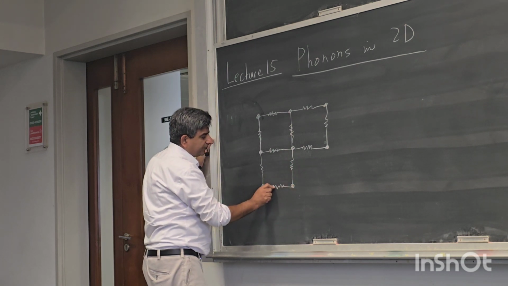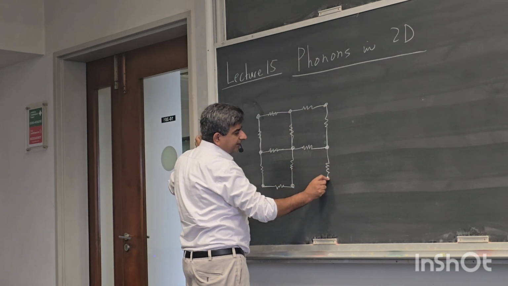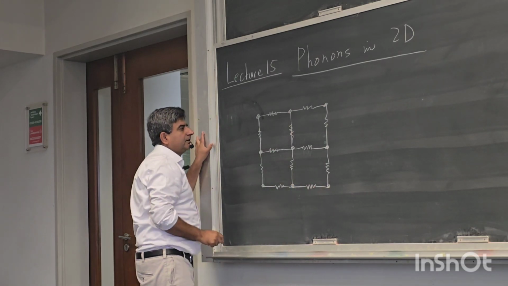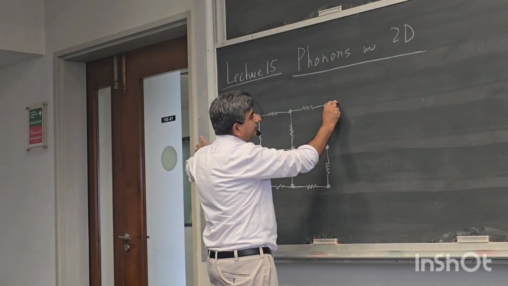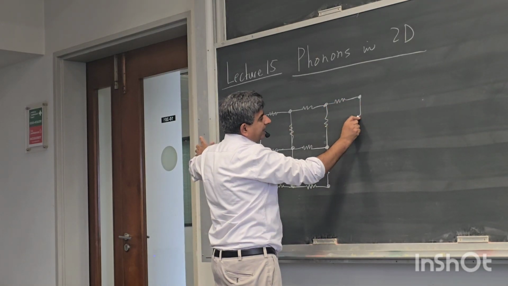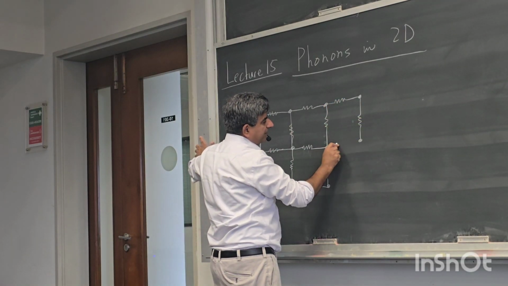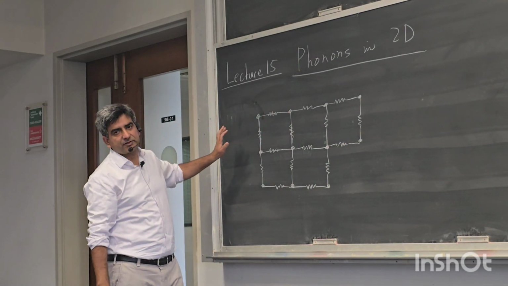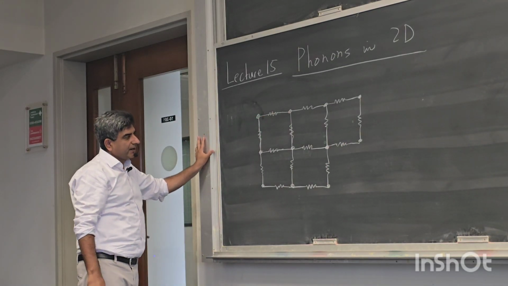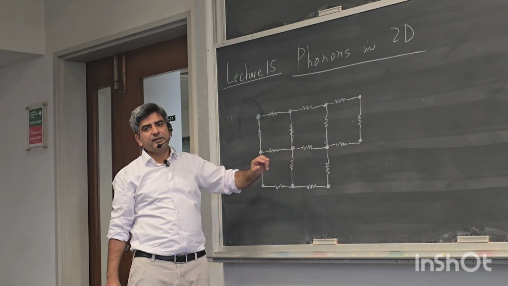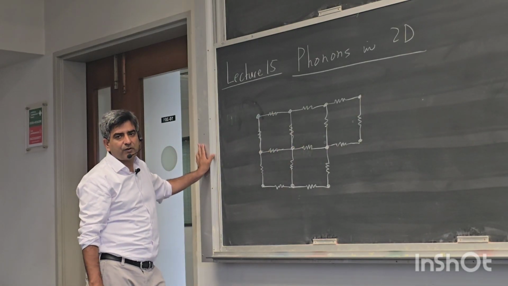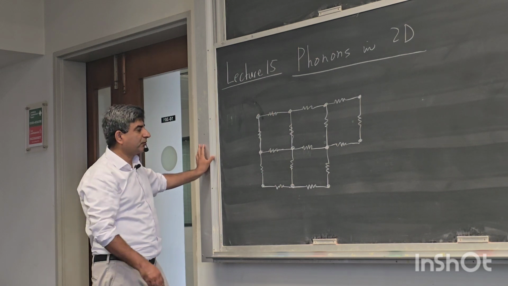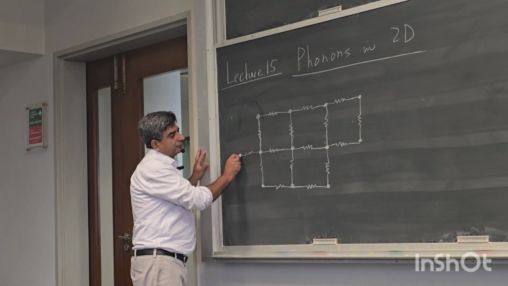And we can model this solid as a grid of points arranged on a square framework in which neighboring atoms are connected by spring-like structures. So the model for the interaction between 2 neighboring atoms is of a mass attached to a spring with a particular spring constant, as you all know.